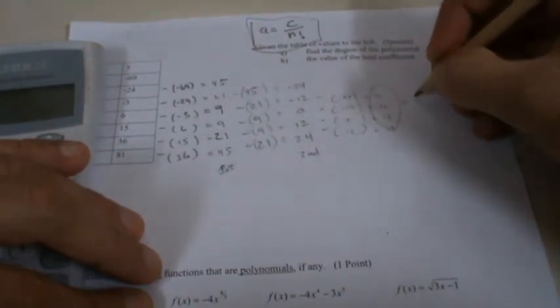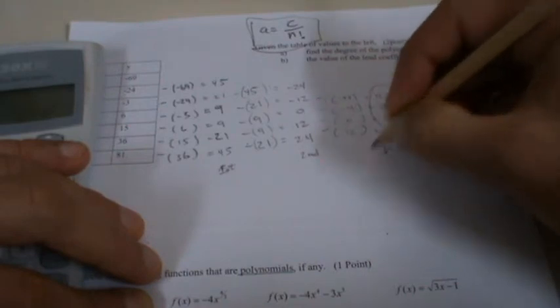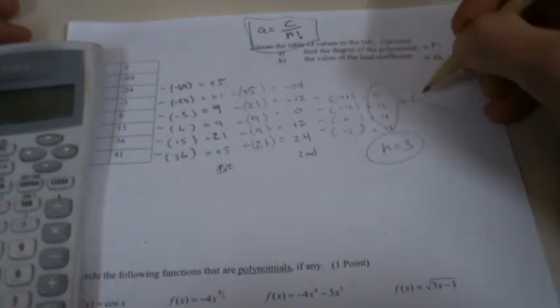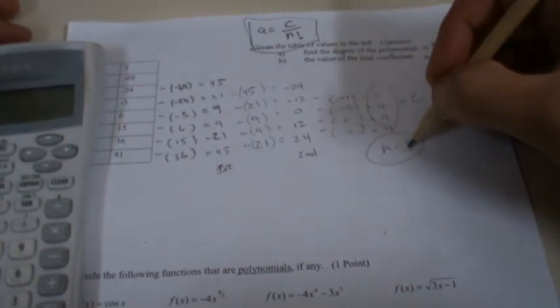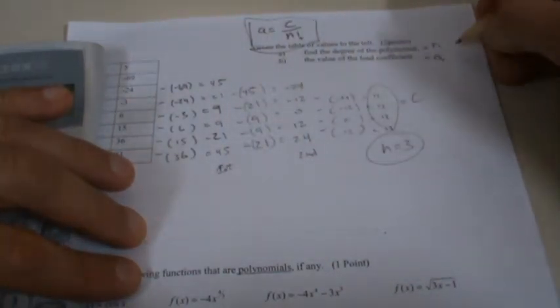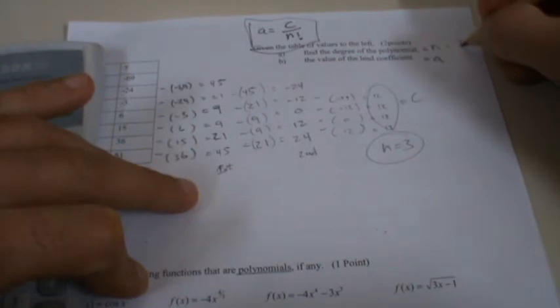Bang! This is equal to c, and n is equal to 3. Right when that happens, because the third difference is achieved with the same number, the c value is 12 and the n value is 3. And so, the degree of the polynomial is 3.